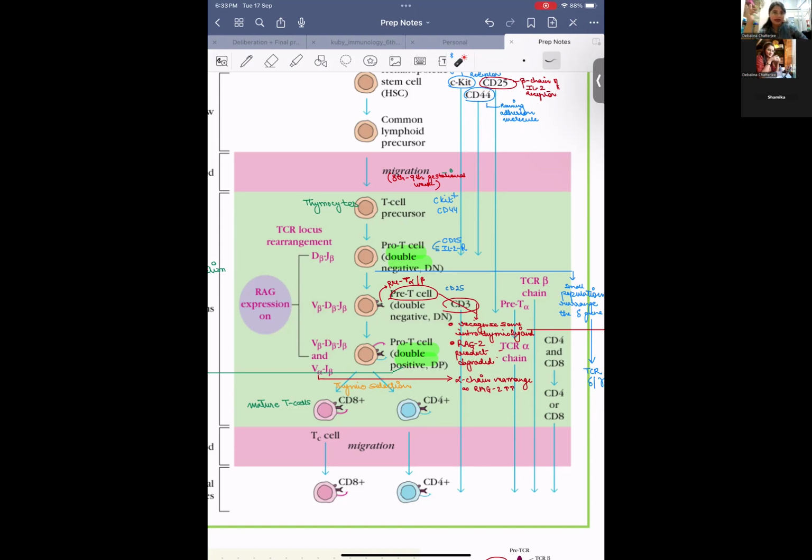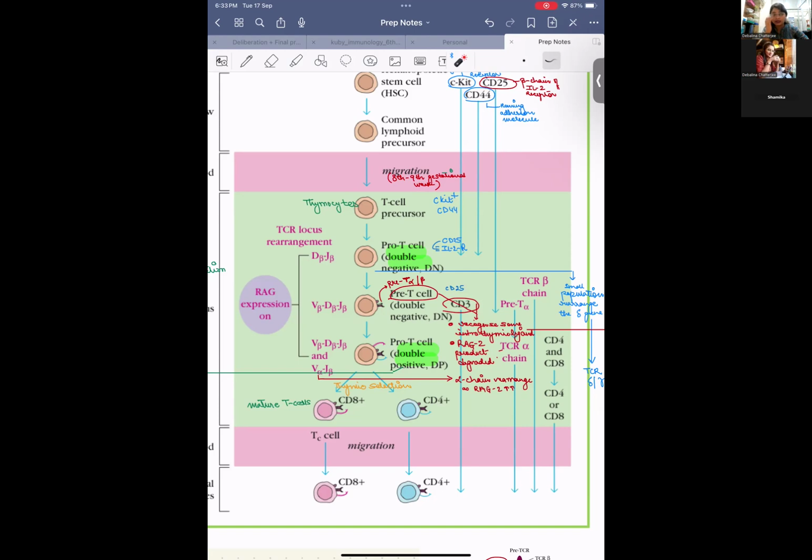Now beta chain is in place, and if you remember again from the B cell discussion, we had a surrogate light chain joining with your heavy chain that has been arranged. Similarly, in the T cell, with the fully recombined beta chain of TCR, we have a molecule joining in called the pre-T alpha.